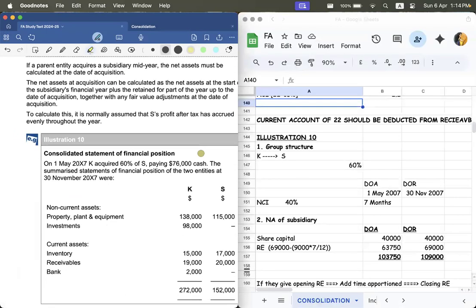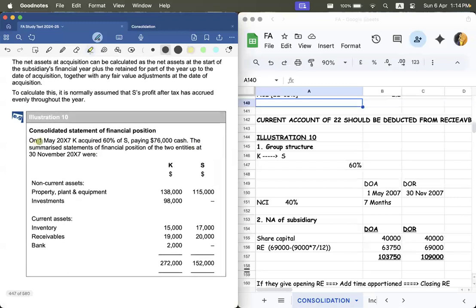So here in this question, on 1st May 2007, that is the DOA, is 1st May. But DOR is 30th December 2007. So how many months of acquisition? May, June, July, August, September, October, November. That is 7 months of acquisition. Understood?